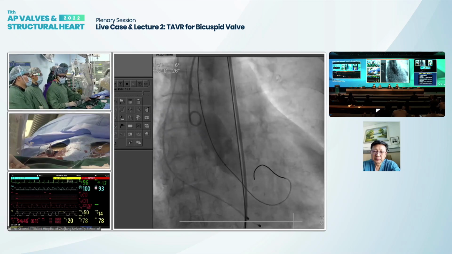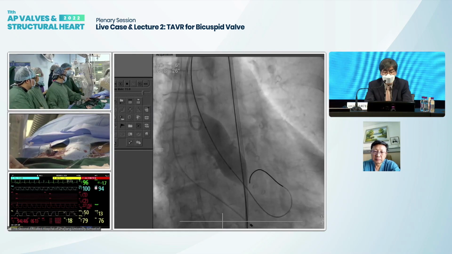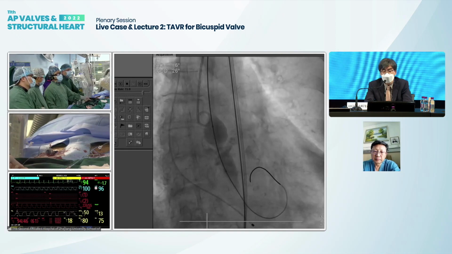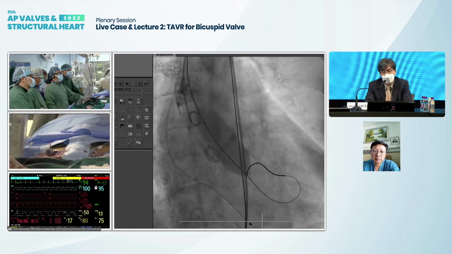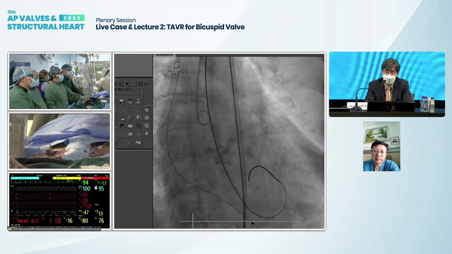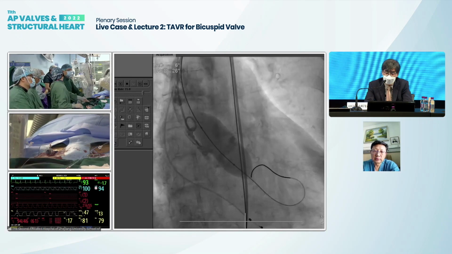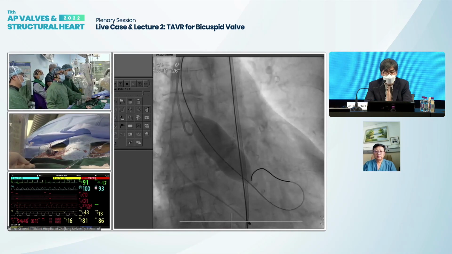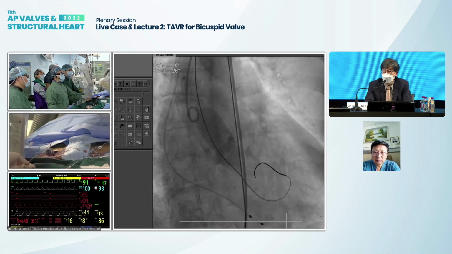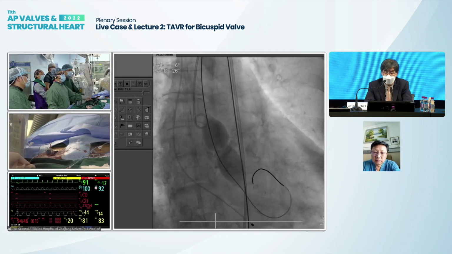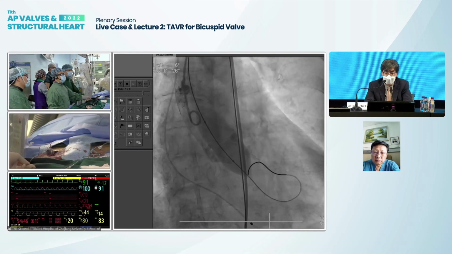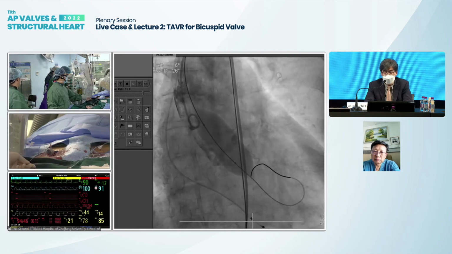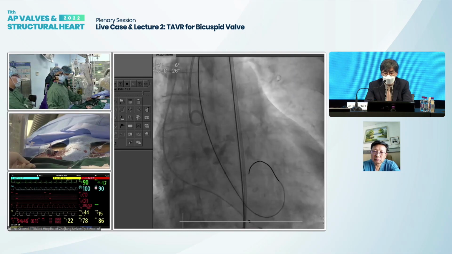Let me ask about the size of the ascending aorta during the predilation. The aortogram looks like the size of the ascending aorta is a little bit bigger. What I mean is that the disease of the bicuspid valve is actually not degenerative, it's a vasculopathy. So we always have to be cautious, because some injury of the ascending aorta may be related to a very catastrophic event.